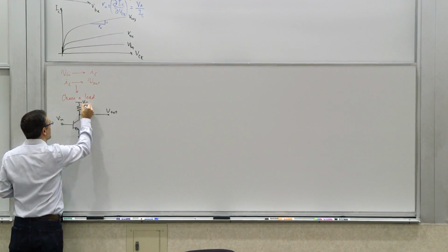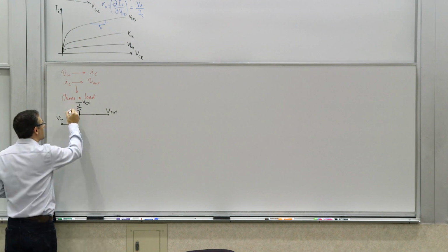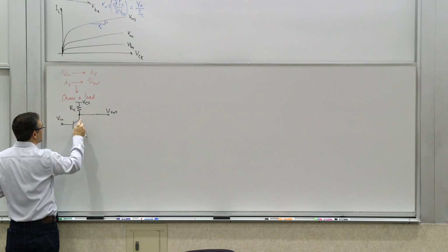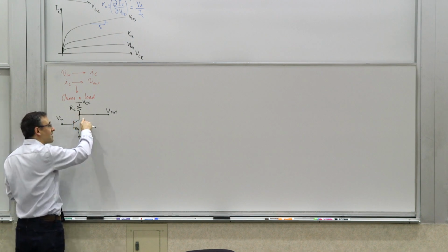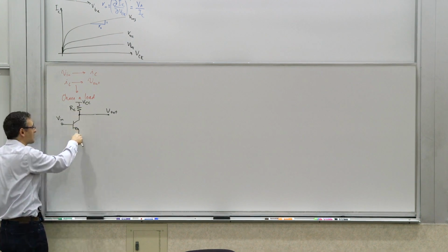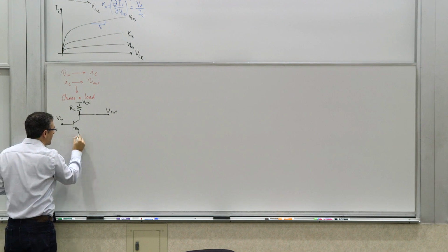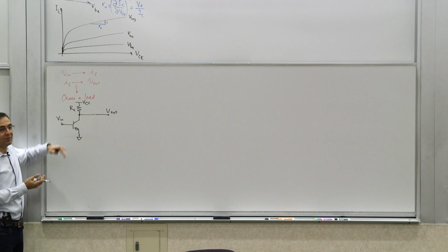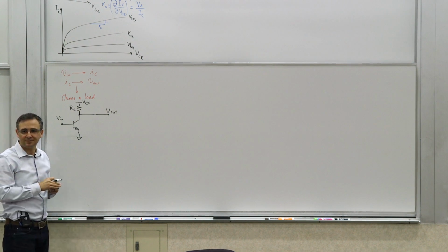So if you put some VCC here, and this is your RC, now, under the right set of circumstances, you have a chance of this voltage being higher than 0.1 or 0.2. This VCC is assumed to be higher than ground, and as such is drawn at a higher level in the schematic.